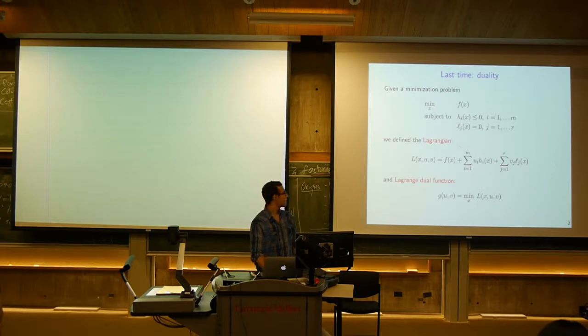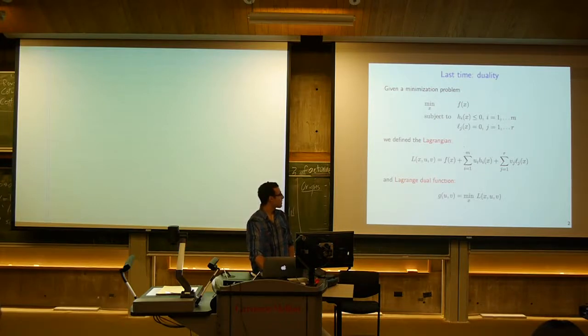We essentially lift these constraint functions into the criterion by multiplying them by the dual variables. So it's the sum of ui hi plus the sum of vj lj plus f. That's the Lagrangian. And we think about the Lagrangian as having an implicit domain with u being non-negative in every component, because it multiplies an inequality constraint with hi less than or equal to 0.